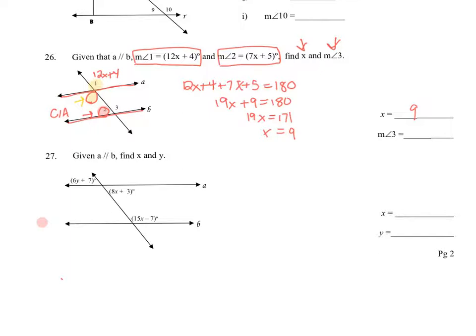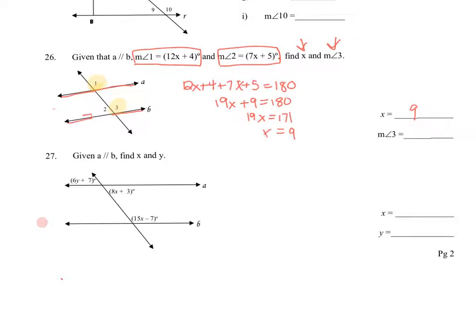Next, I'm looking to find the measure of angle 3. I would know that in location, where angle 1 is located and angle 3 are corresponding angles, and so therefore they would have to have the same measurement.